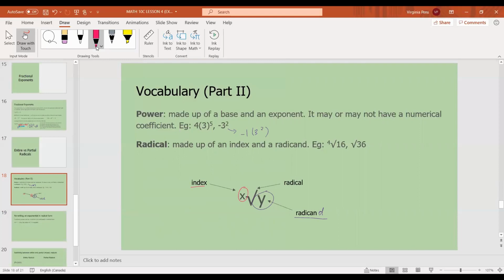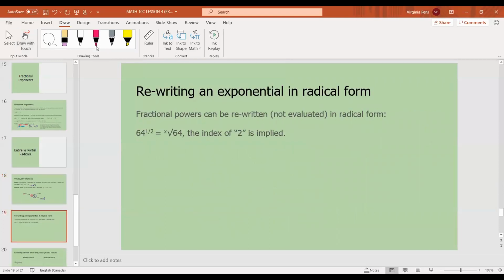The root symbol, I'll call it the radical. All right, let's try a bit of this. So we're going to talk a lot about exponential forms and radical forms. So fractional powers can be rewritten in radical form. It's not called evaluating because you're not really changing anything besides how the number is written.